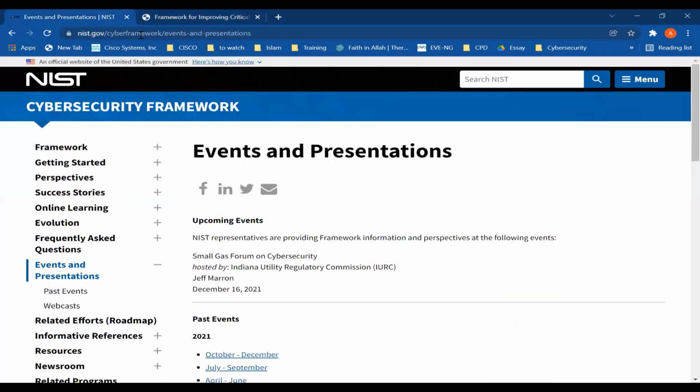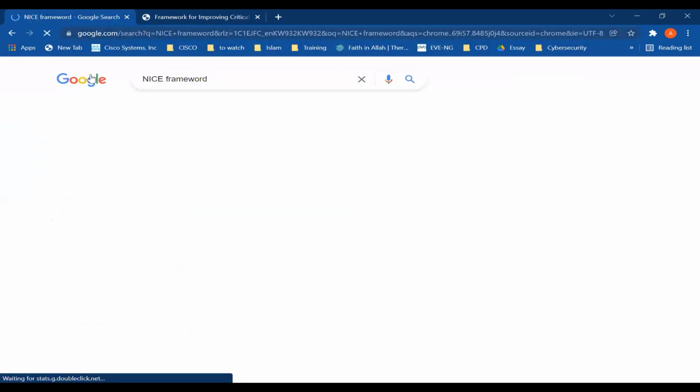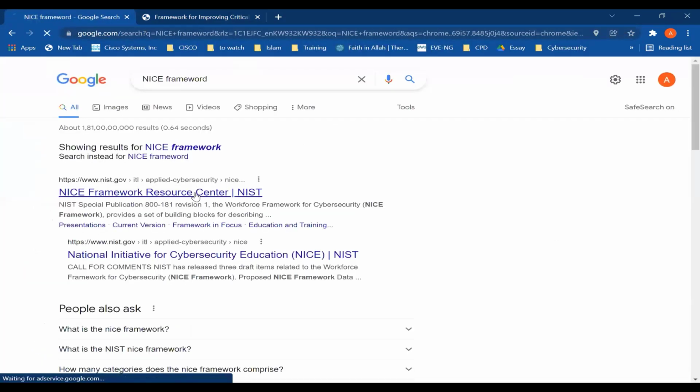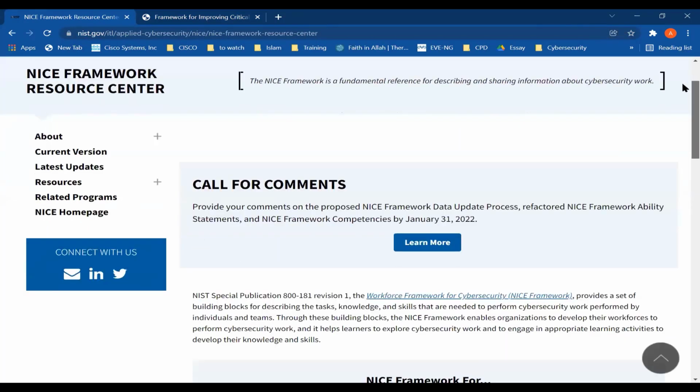Fine. In the same way, NICE is something which is normally followed by many companies in the Middle East, and also it could be from Europe. So that is the NICE framework process. You can also see here the NICE framework. You learn about the NICE framework.